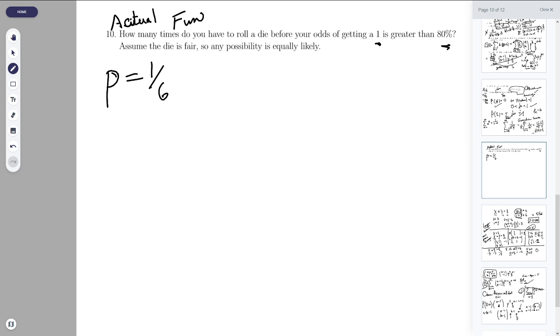Not quite, it's actually going to be 1/6 plus times 5/6 plus, I guess what? The probability of, yeah.